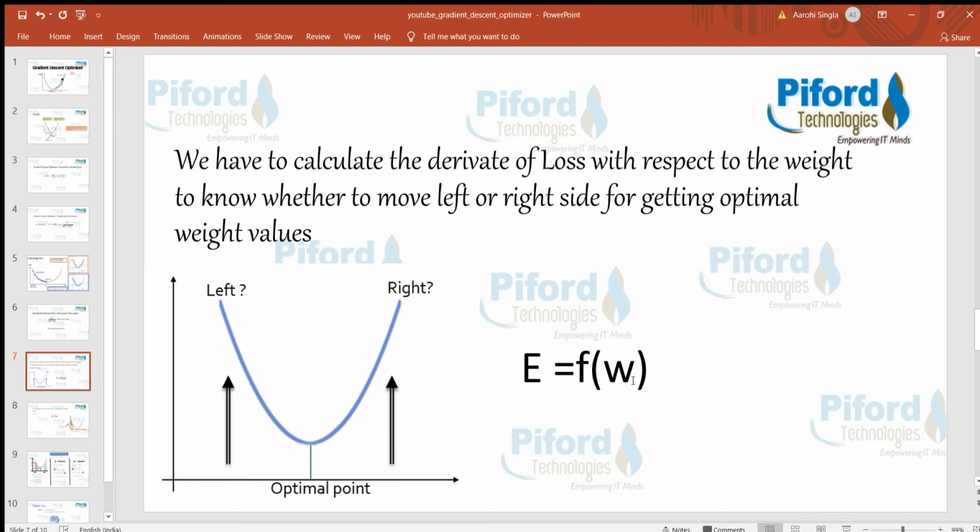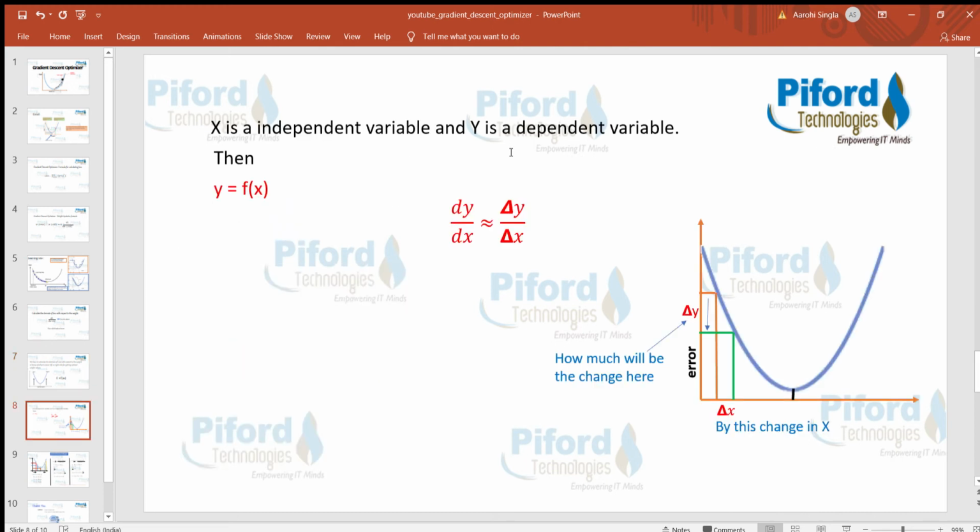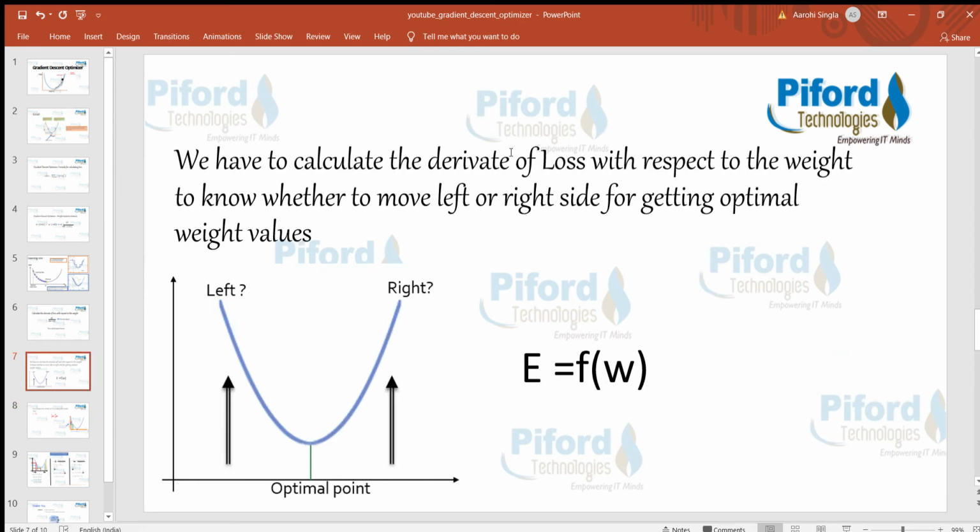So the error changes on the basis of input or weight. That's why we say error is a function of weight, and that's why we are calculating the error with respect to weight: if the weight changes, the error will also change, right? Now I'll show you how to calculate the derivative of loss with respect to the derivative of weight.